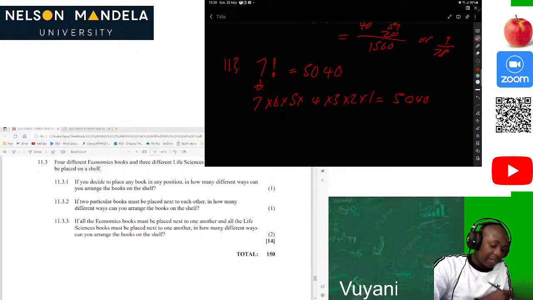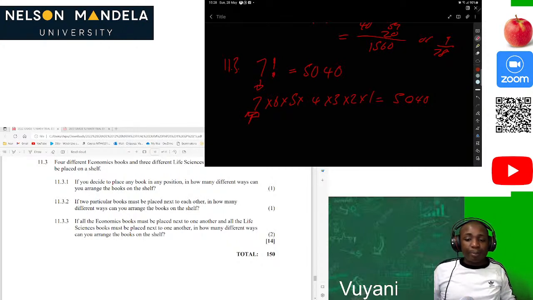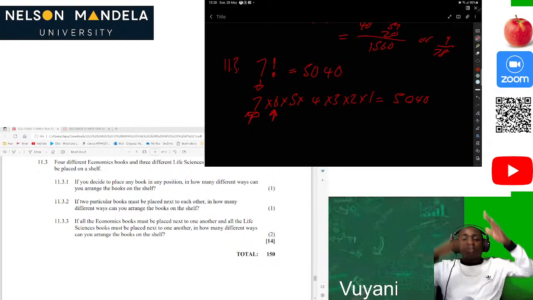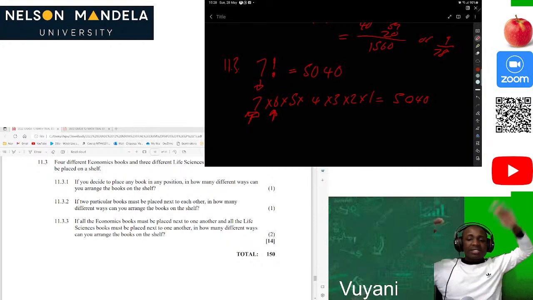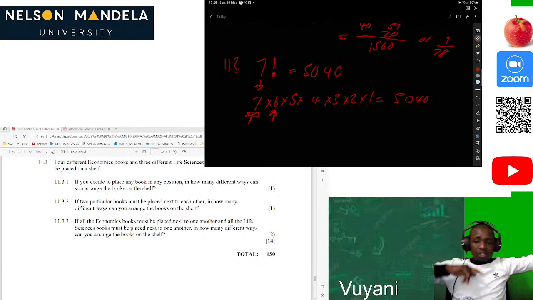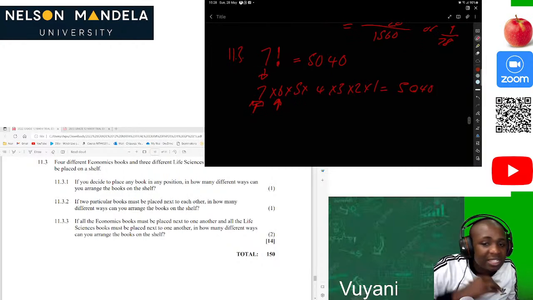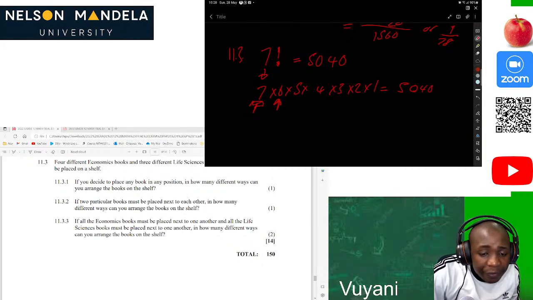So this means that there are 7 ways in which we can put the first book, then 6 ways in which you can put the next book, and it goes on: 7, 6, 5, 4, 3, 2, 1. So this was easy because it's just 7 factorial.